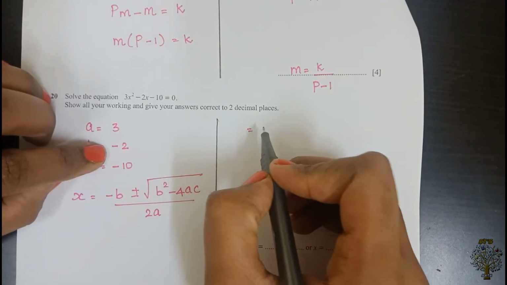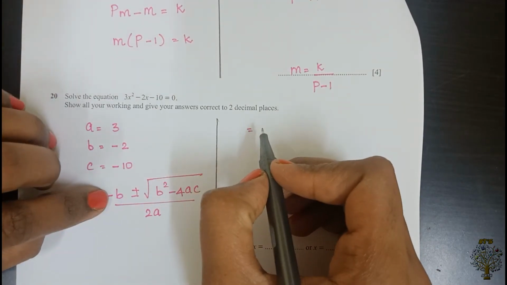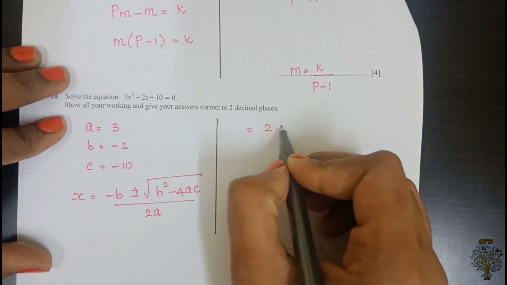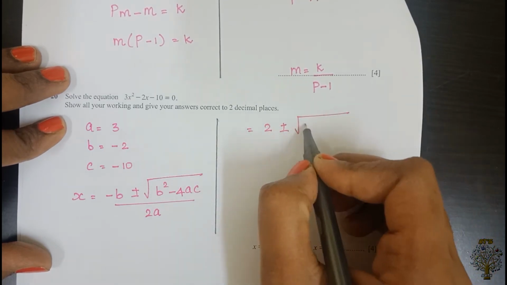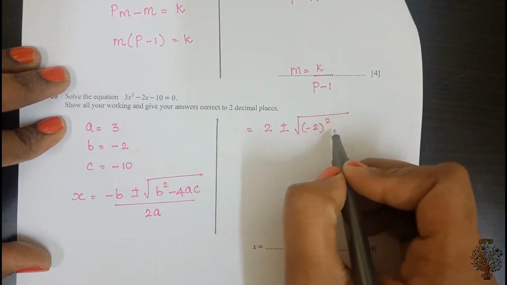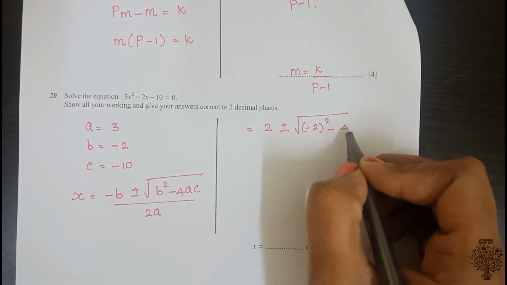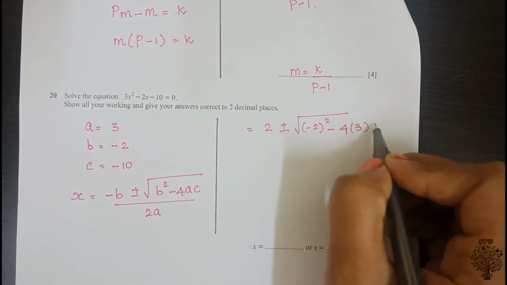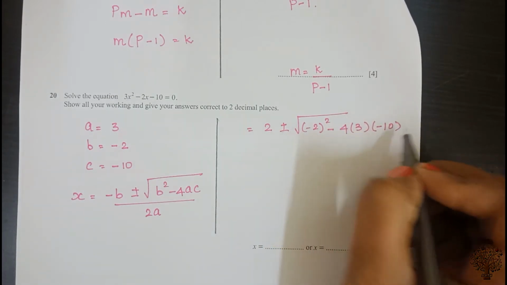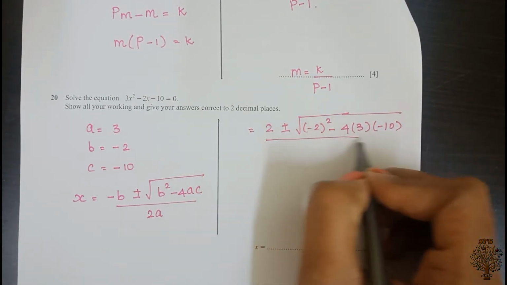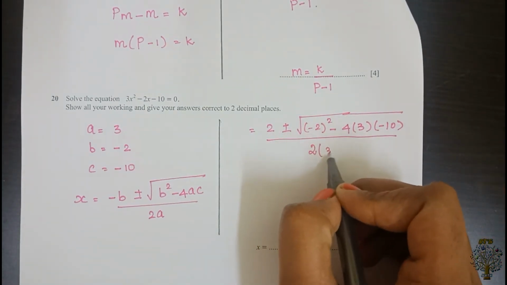So I have B already with a negative sign. Negative of negative will be positive, so positive 2 plus or minus square root of negative 2 squared minus 4 multiplied with A, that is 3, multiplied with C, that is 10, all divided by 2 times 3.